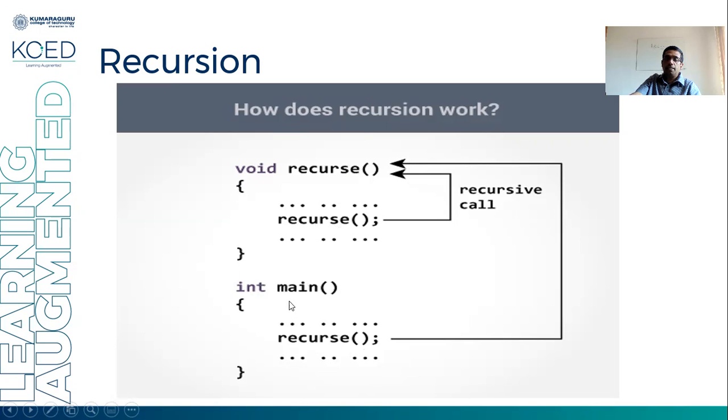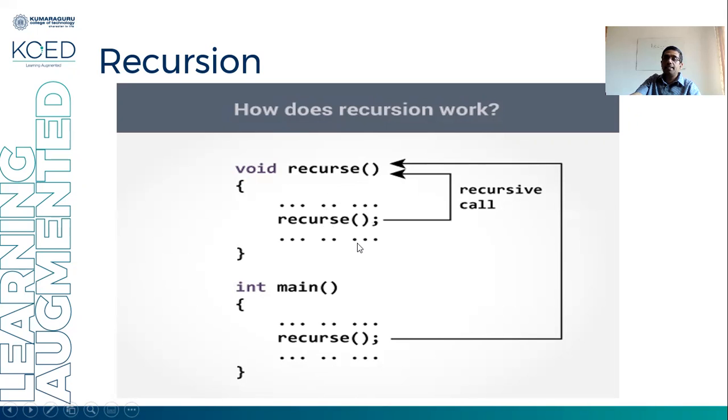In this place, main is the calling function and recurs is the called function. Then what will happen? Recurs is calling itself again. That call is known as a recursive call. Again it calls itself. A function calling itself is known as a recursive function. How long will the calls go?